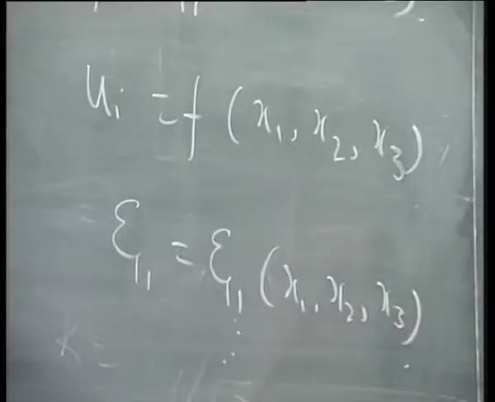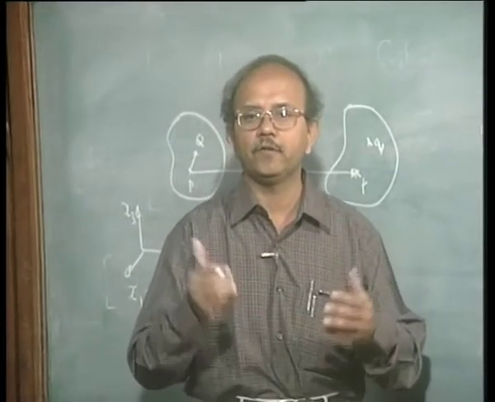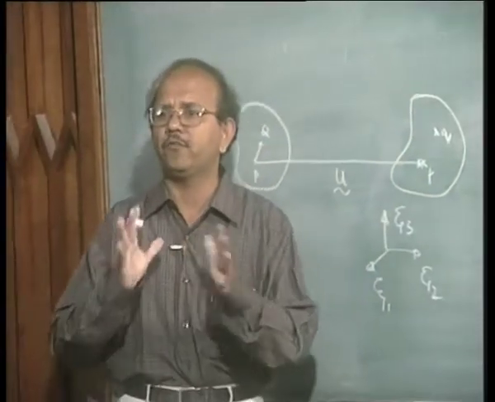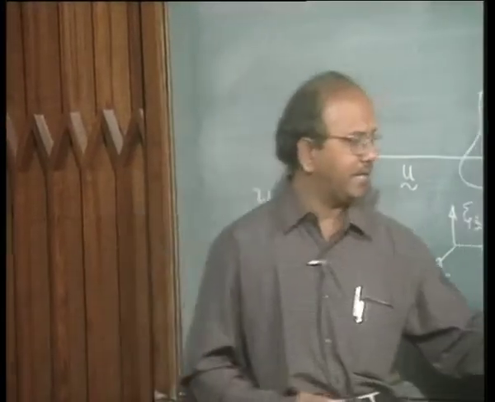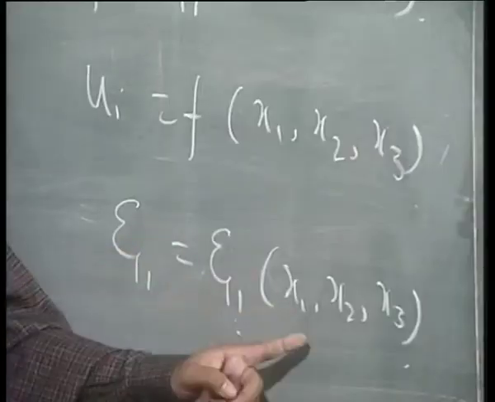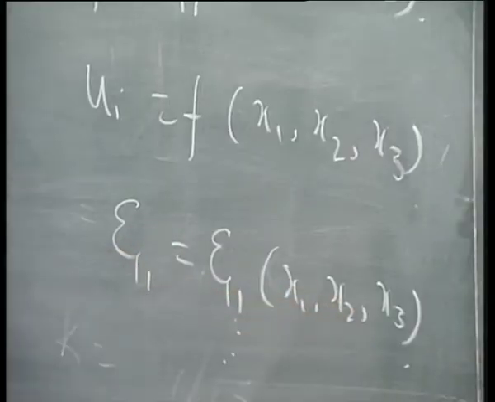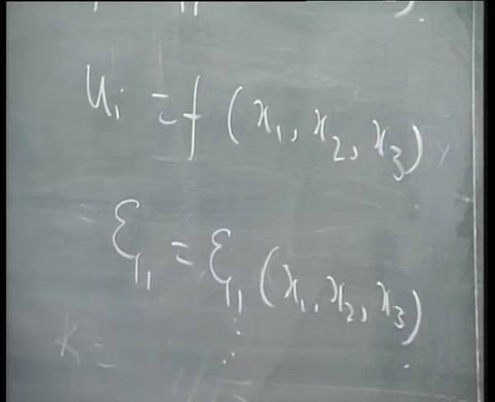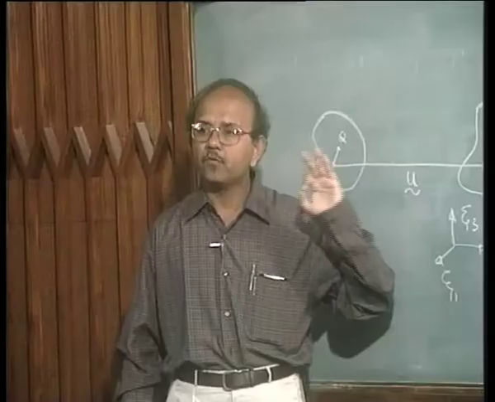For psi 2, I can just have psi 2 is equal to x2. That's another function. Is that clear? So in order to distinguish between f1, f2, f3, f4 and so on, I write psi 1 is equal to psi 1 of x1, x2, x3. This is a symbol for function. Any doubts? This is what we are going to follow throughout.